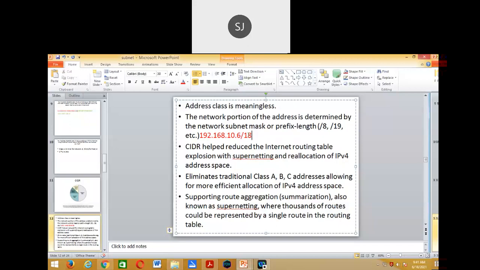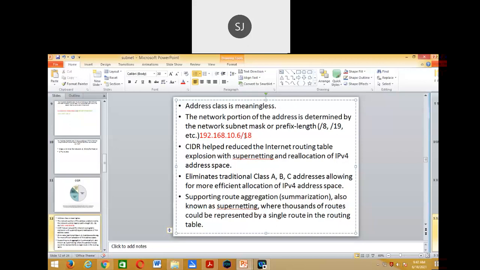It is 18, so 18 bits are used for network ID and the remaining 14 bits are used for host ID. Yes or no? So it is flexible now. Unlike classful addresses, it is not fixed. The prefix length indicates how many bits are used for network ID and how many for host ID.